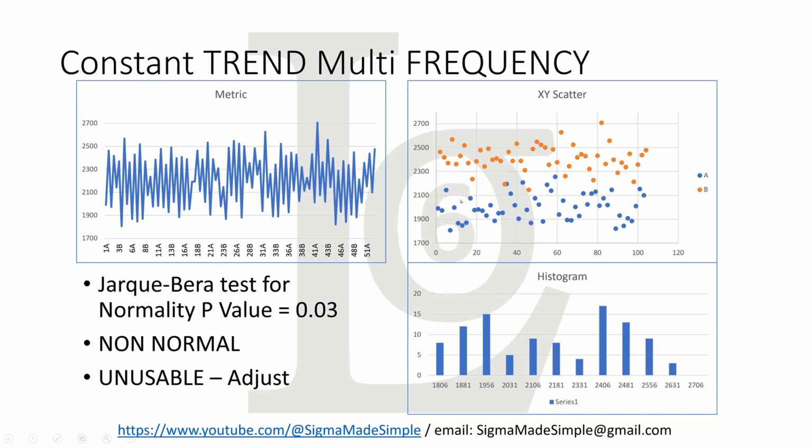But if you separate the two shifts and put them on separate graphs and do a normality test, you'll find that both sets of data individually will pass a normality test, and you can use them. So you've got two different sets of data based on your shift.